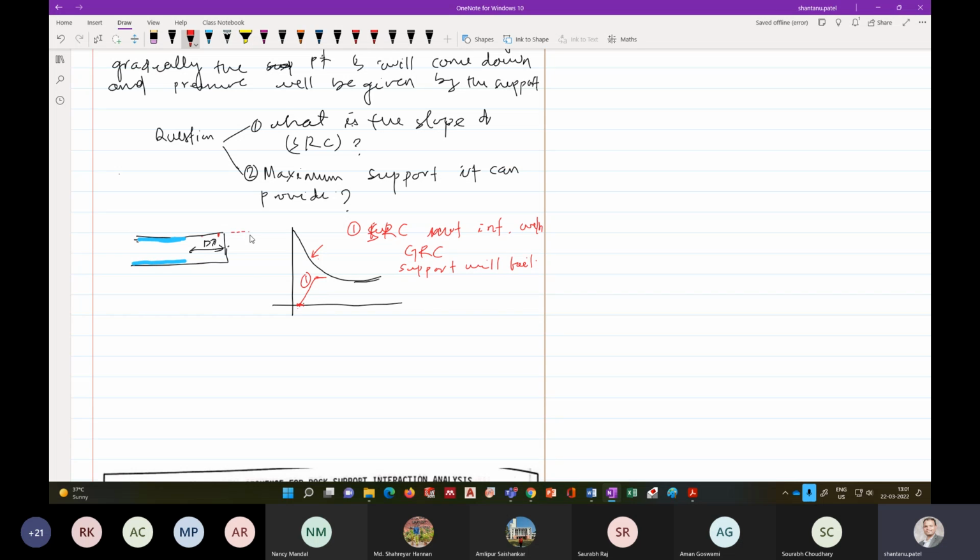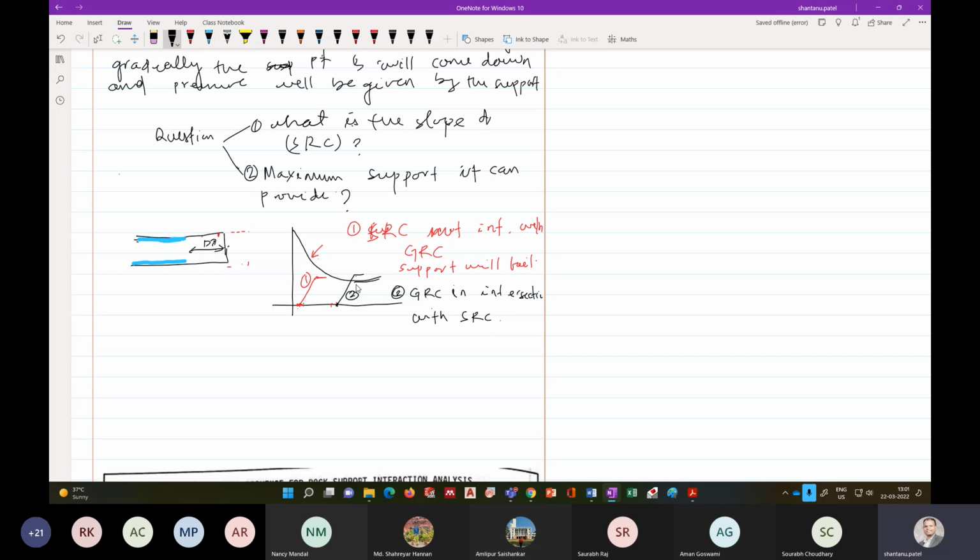and you excavate a little bit further, the displacement will be there. So maybe you can start putting the support system after some displacement, and even with the same support system, it can work. So this is our case two: the GRC is intersecting with the SRC.